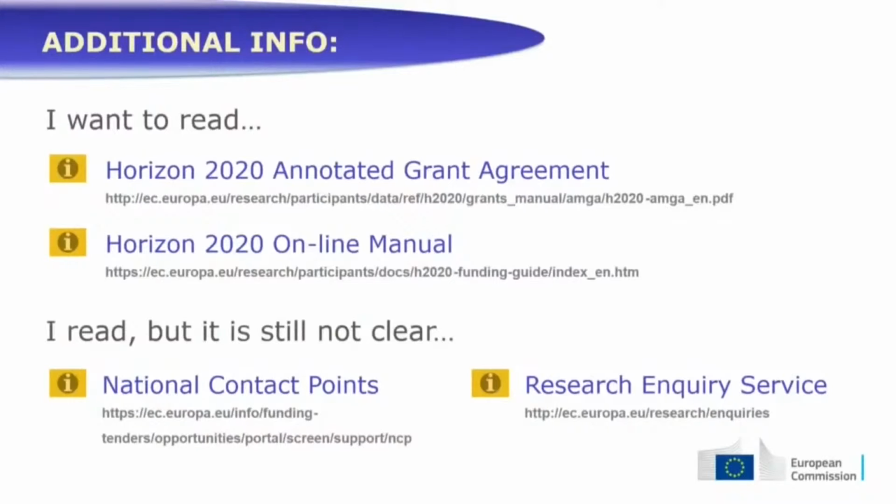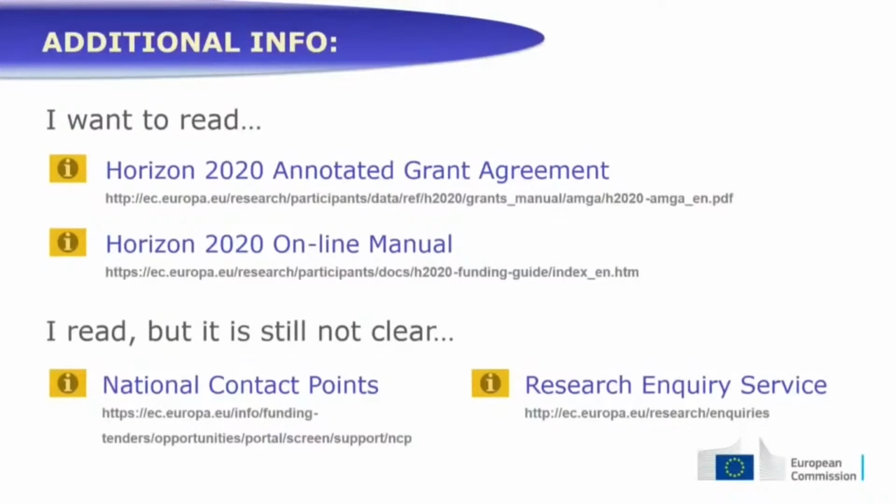If you want to go into more detail about the practical implementation, the procedures, etc., beyond the legal provisions of the grant agreement, you have the Horizon 2020 online manual, also available through the portal, and here with the link that is in the slide. And it might be perfectly possible that after reading, it's still not clear one element or another aspect, and you want more information. It also happens to me.